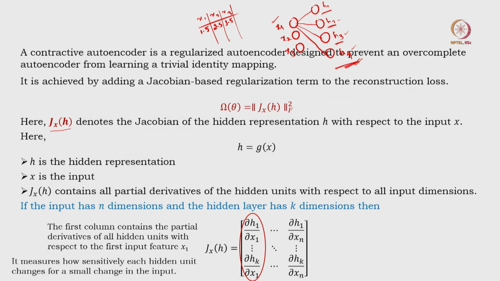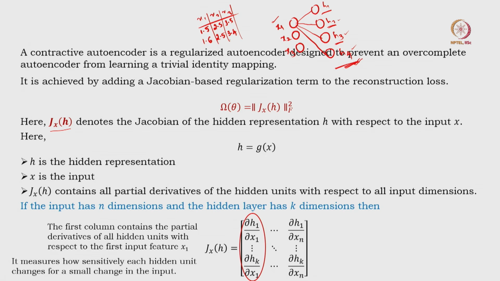Then you make a small change, so instead of 1.5 you have 1.6, 2.5, 3.4. When there is a small change in the input, the hidden representation should not vary too much. How are we measuring whether the hidden unit is changing much or not?